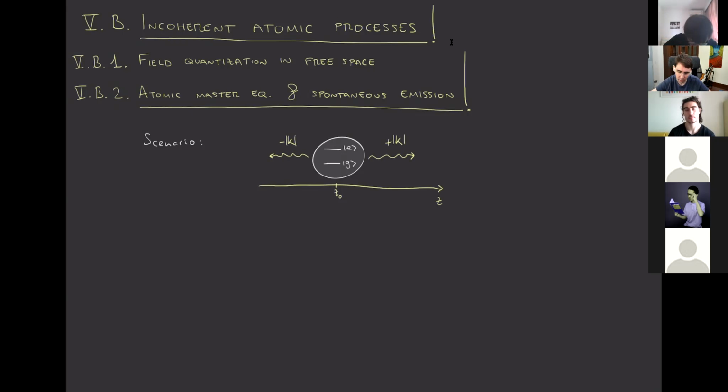Of course we are in free space, so we have all the possible wave vectors. So this is, again, a scenario in which we have a small quantum system, our atom, a two-dimensional Hilbert space, interacting with a huge system, which is all the modes of free space.